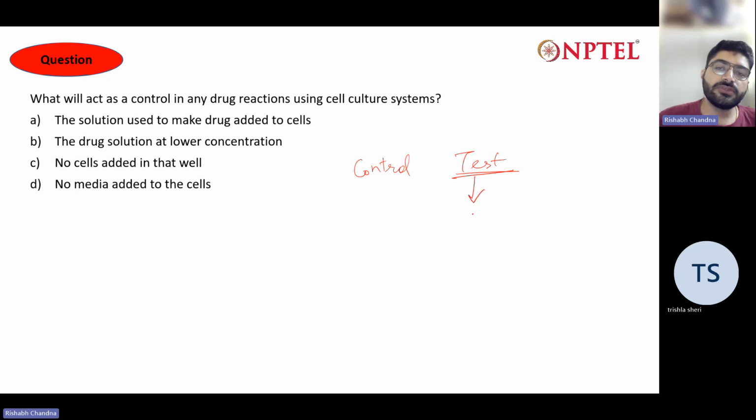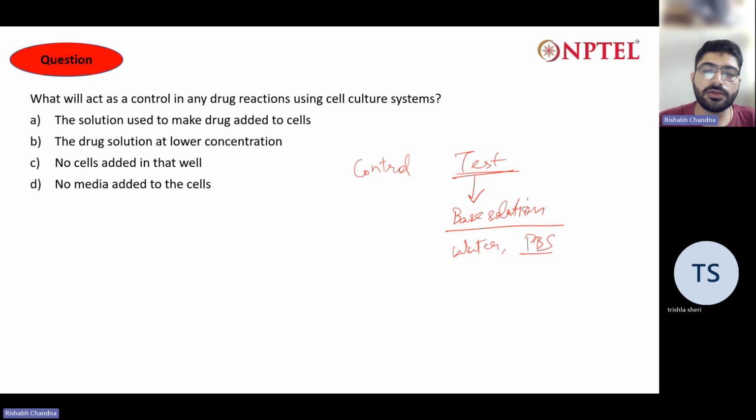Now, test group will be made with some base solution. So this is not that acid-base solution. This is the solution in which your drug would be dissolved. Generally we use water or any other buffering reagent, for example, PBS.